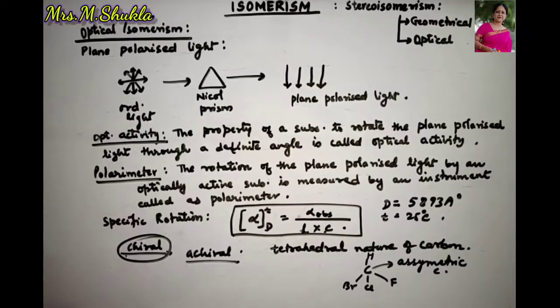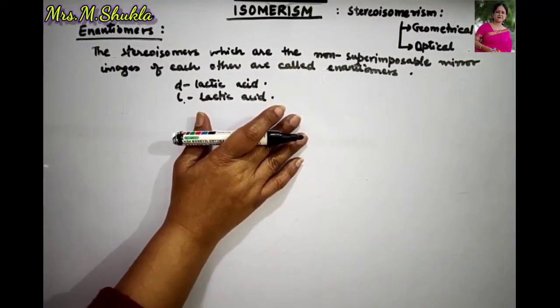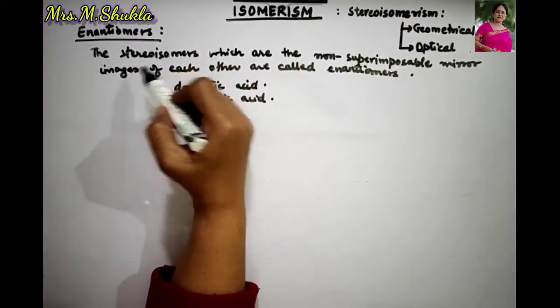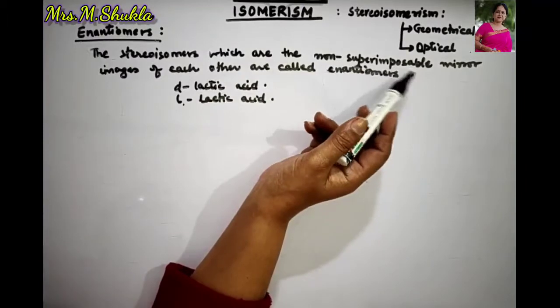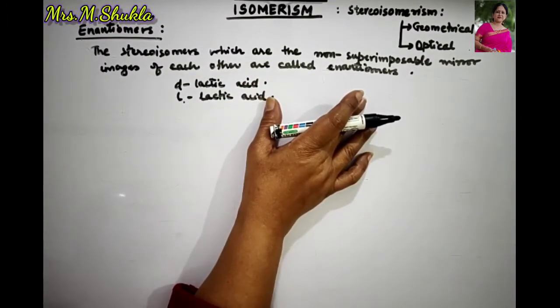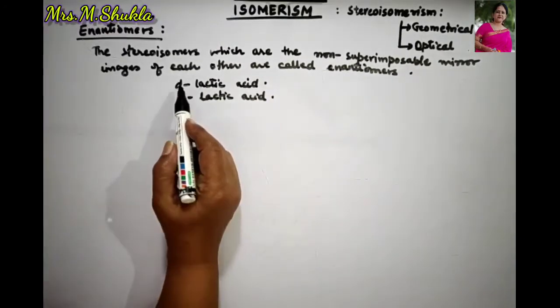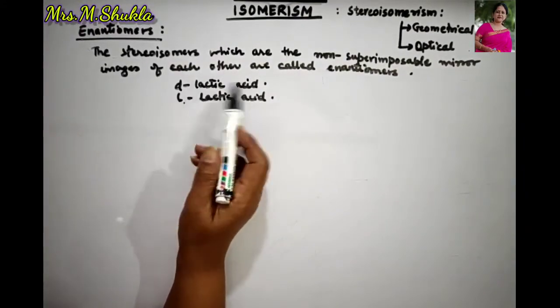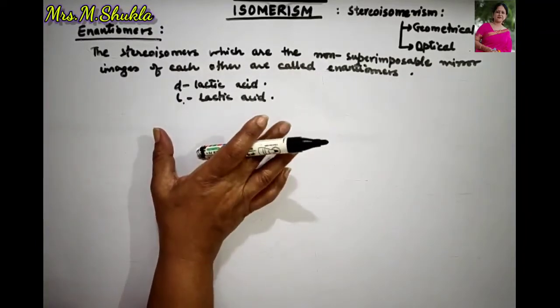Next, let us begin with the enantiomers. What are enantiomers? The stereoisomers which are non-superimposable mirror images of each other are called enantiomers. For example, D-lactic acid and L-lactic acid, dextrolactic and laevolactic acid.